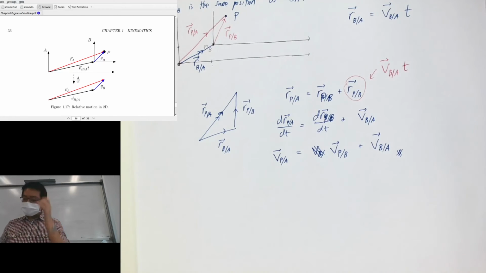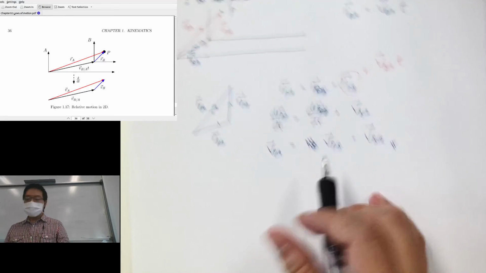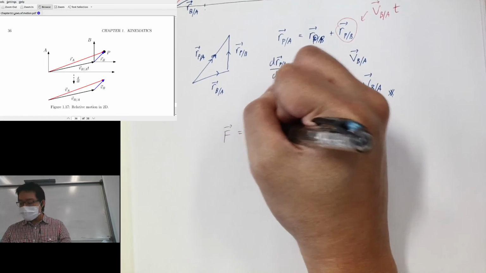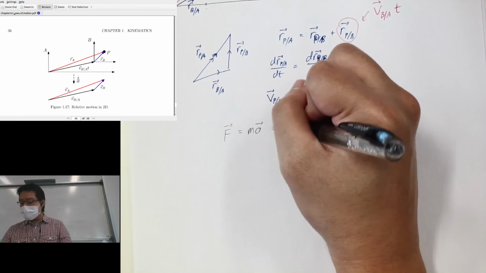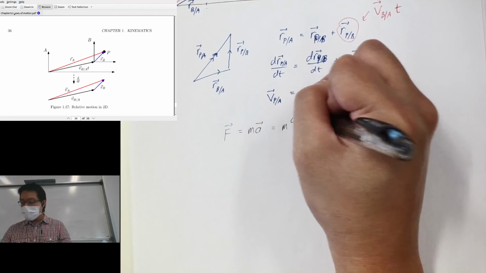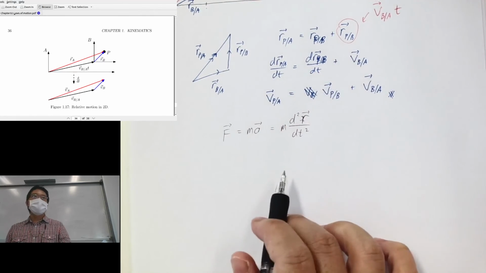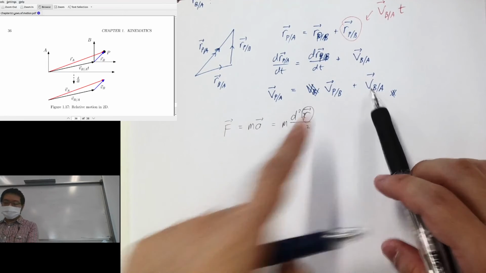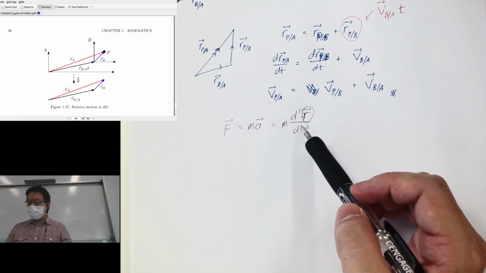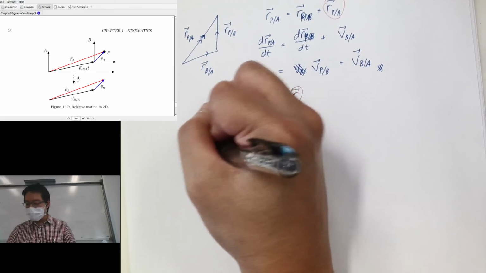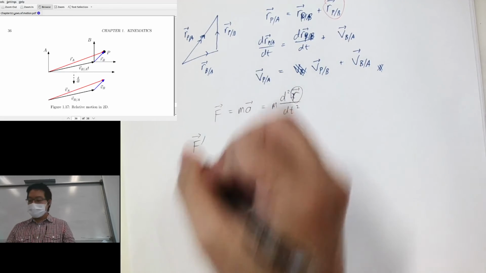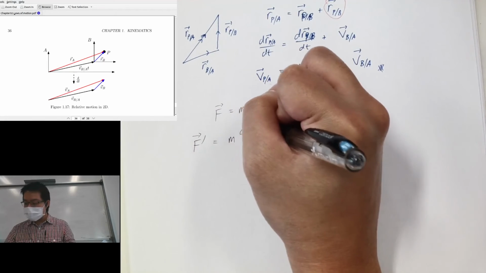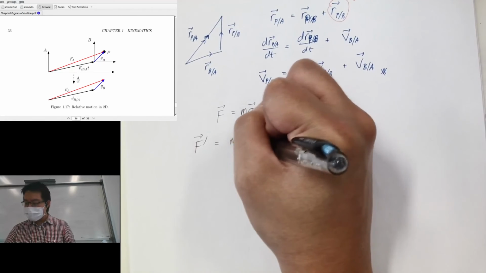Okay, so let's think about this. Why can't we use the coordinate system? If you're talking about Newton's law, you've got F equals ma, where a is d²r/dt². For inertial frames, if I use a new coordinate system, F prime, then I need to differentiate using the new coordinate system.